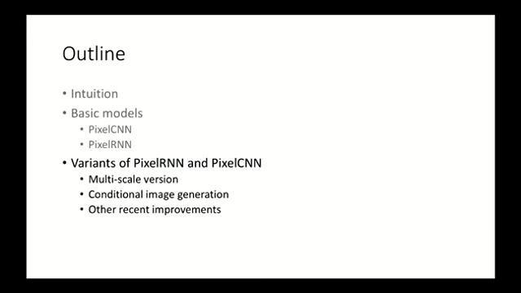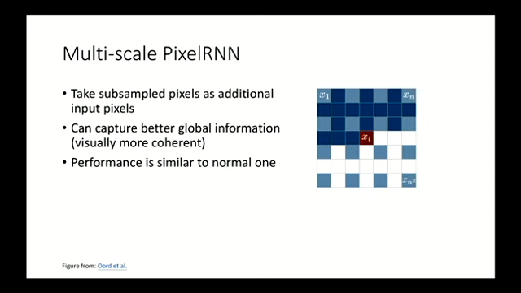I'll be talking about two variants of these two basic models. The first one is that we want to keep the global structure of an image, so we invent multi-scale pixel RNNs. Basically we subsample from the input image, and these subsampled pixels are shaded in light blue, and we add these subsampled pixels into our deep neural network input and we just train it.